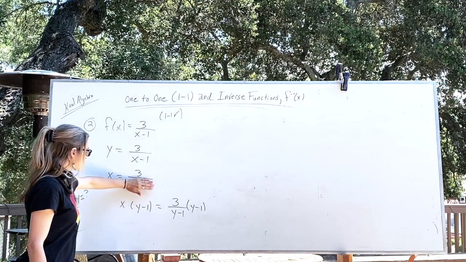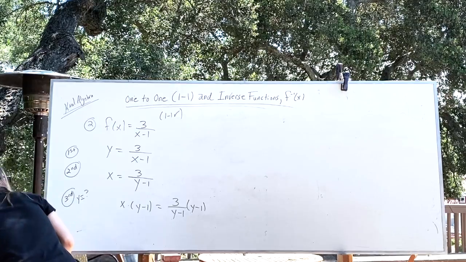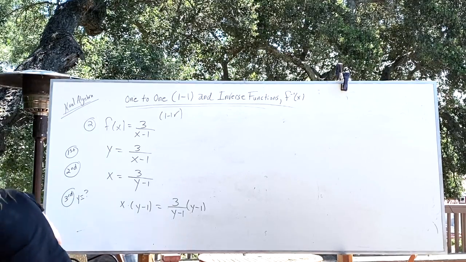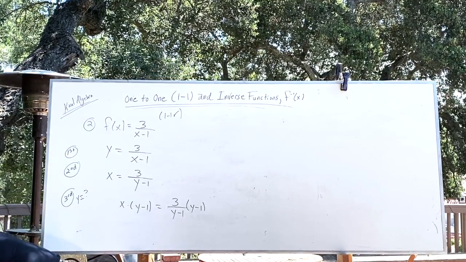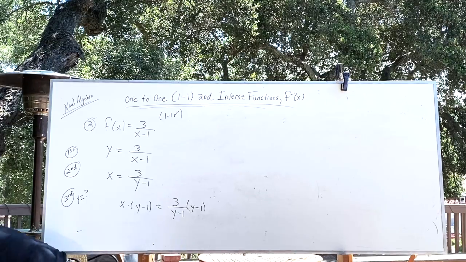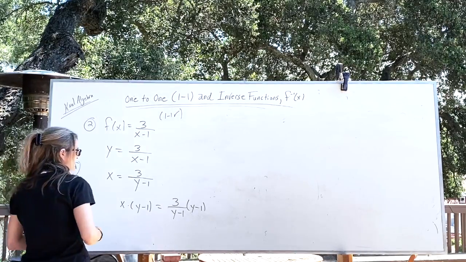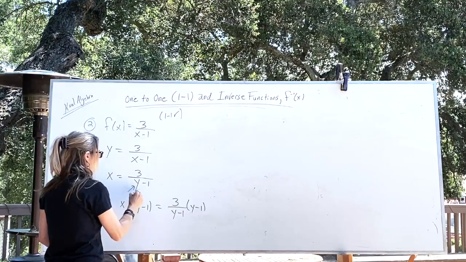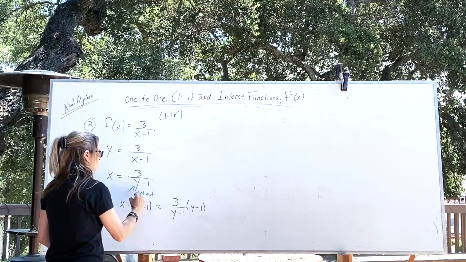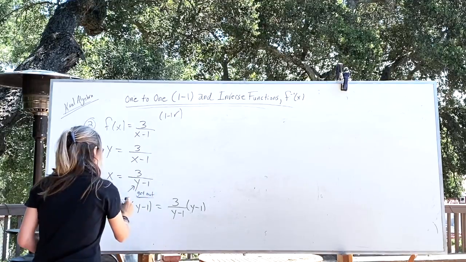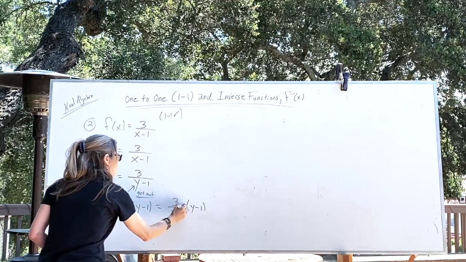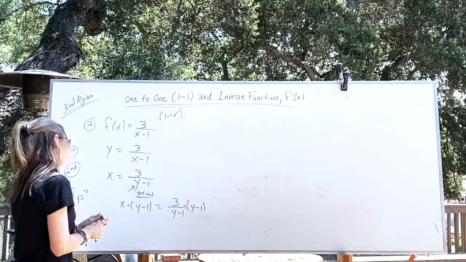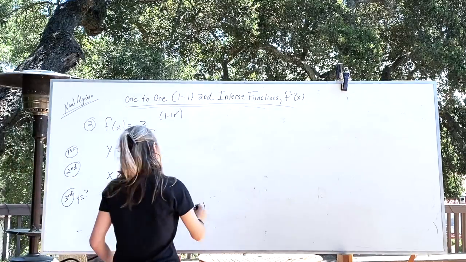So first, before I can even tackle this y, I want to get out of the denominator by multiplying both sides by y minus 1. Excuse me. Okay, next step.